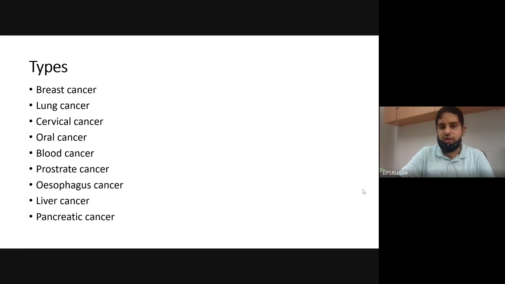Lung cancers are due to smoking, cervical cancer due to hygienic conditions, oral cancer due to tobacco consumption, blood cancer due to genetic factors, then prostate cancer, esophagus cancer, liver cancer, pancreatic cancer. There are so many cancers, but these are the more common cancers which we observe in the population. Breast cancer prevalence is much higher, right?